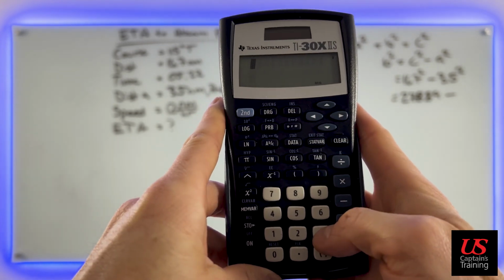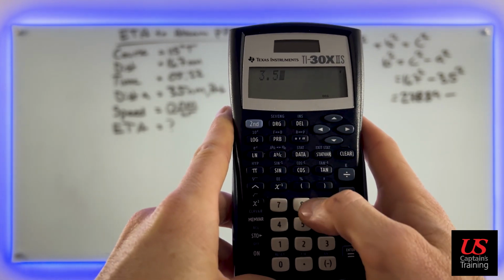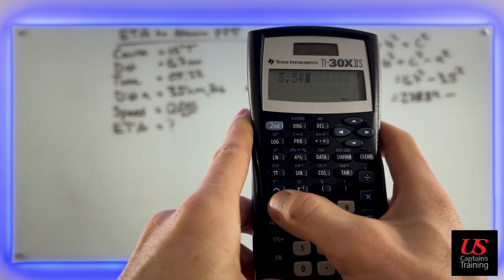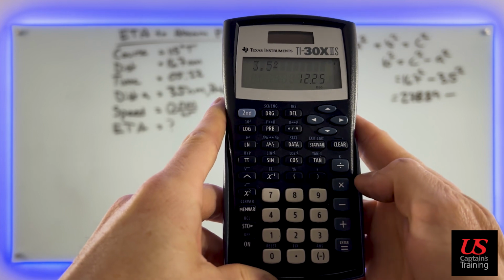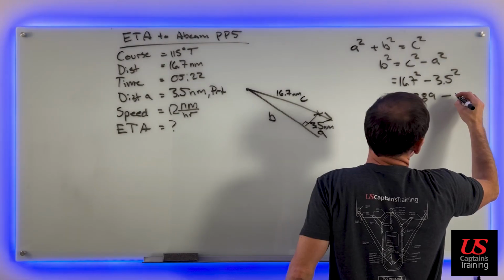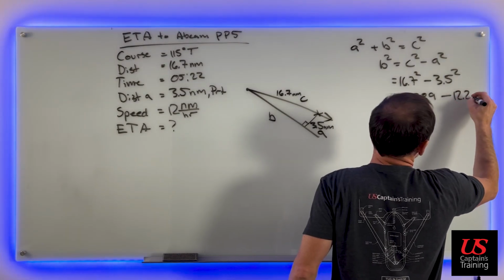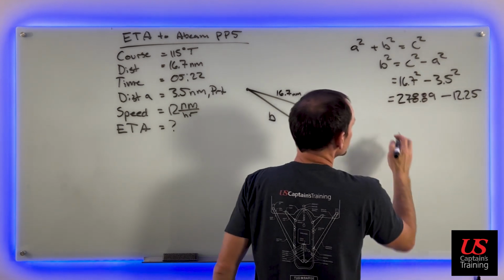Clear. 3.5 squared equals 12.25. All right. 12.25.